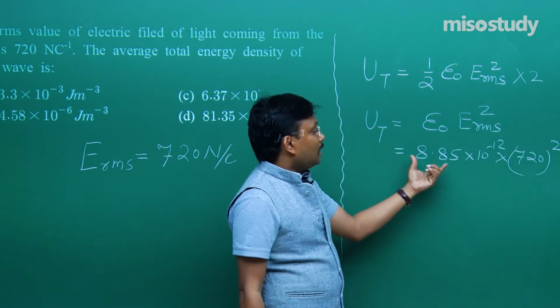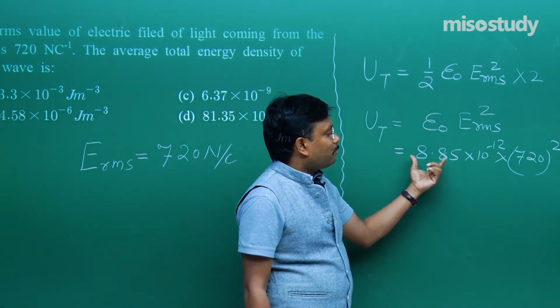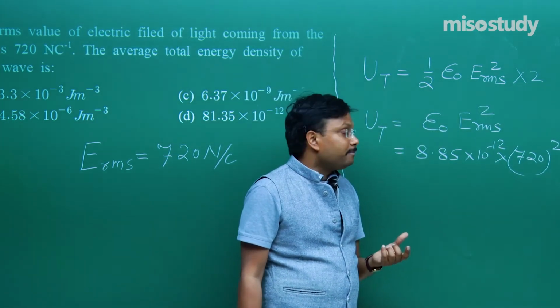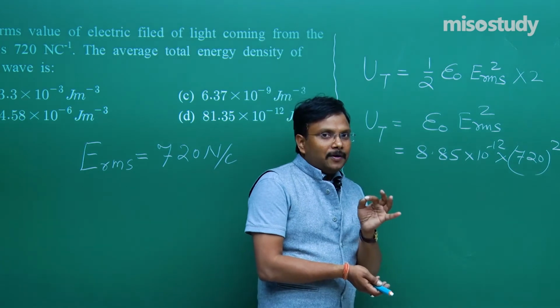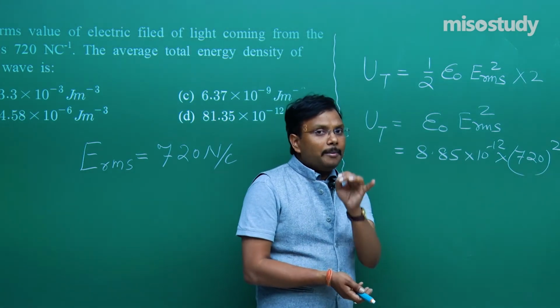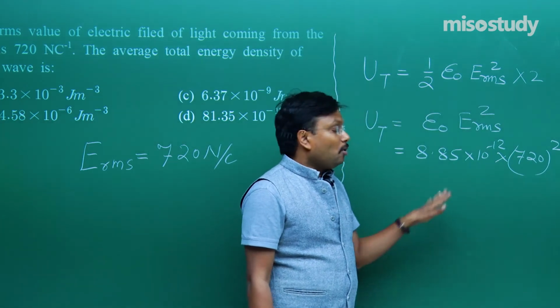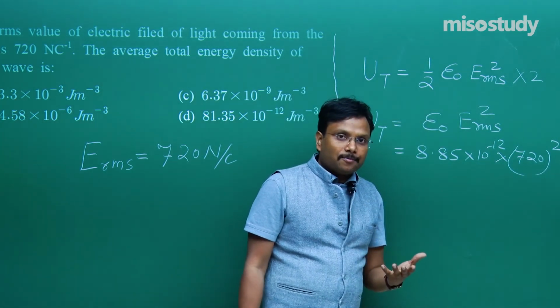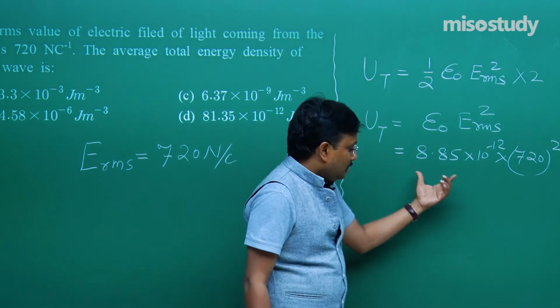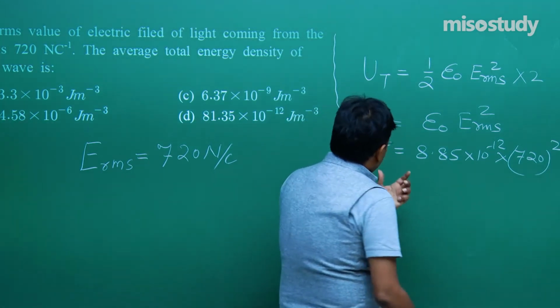Then you will have to multiply that result with 8.85, which will take some time. And in between, just by rushing, if you commit even a single digit mistake, you are going to land in a wrong place. So if you have good practice of calculating fast, obviously you can get the answer very properly.